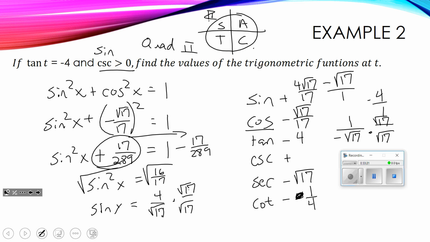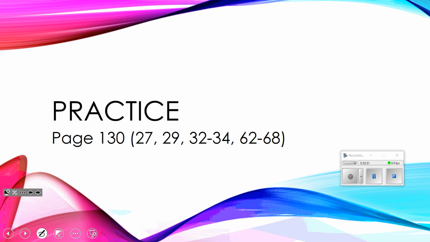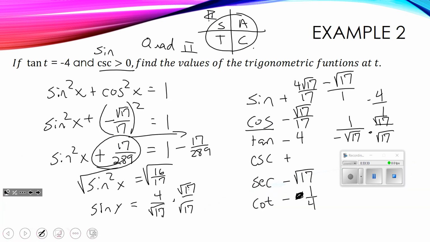All right, last one. So how do we find the cosecant? Just take it and flip it. I do think you could go back to this and flip that before. I don't know if that confuses you. You could flip that. So what do you get when you flip 4 square root of 17?